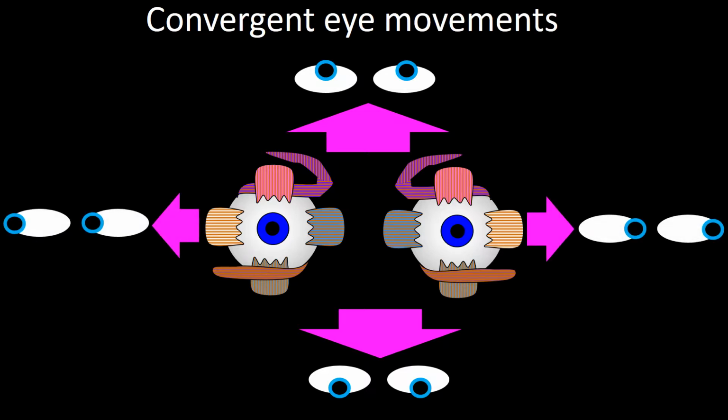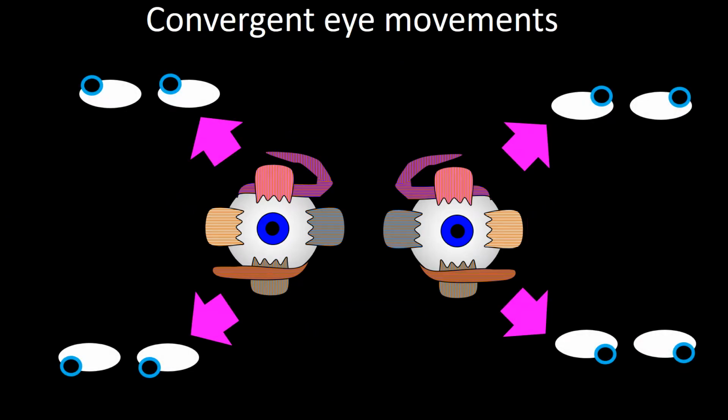Lateral eye movements will move the positivity of one eye laterally and the positivity of the other eye medially. Up and out and down and out movements complete the repertoire of eye movements.